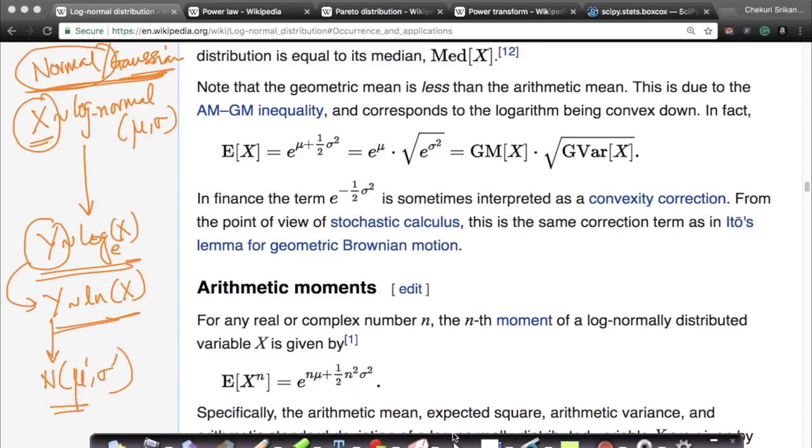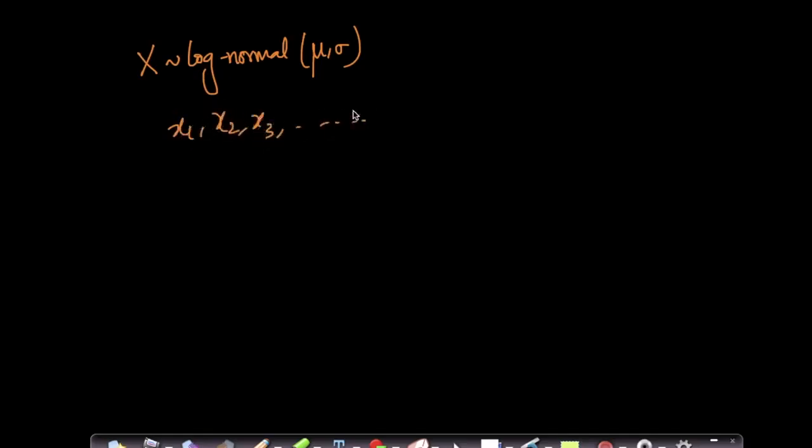Now the next question that I have for you is, how do you determine this? Imagine you're given a random variable x, which somebody tells you is log normally distributed with mu and sigma. How do you test this? How are you sure that x is log normally distributed? Suppose you're given values x1, x2, x3, so on and so forth, xn. You're given n values. Now the question is, is x log normally distributed?